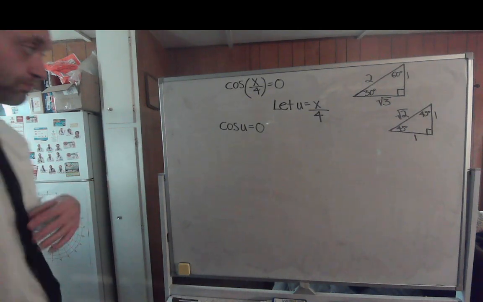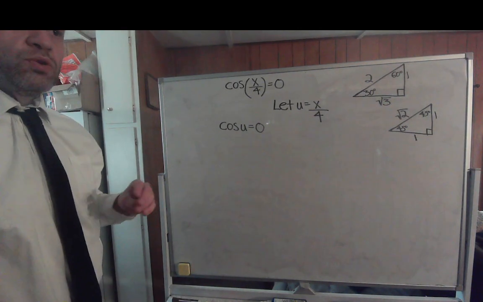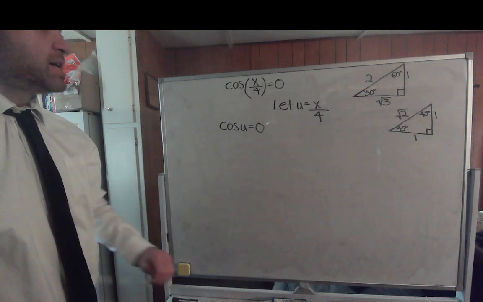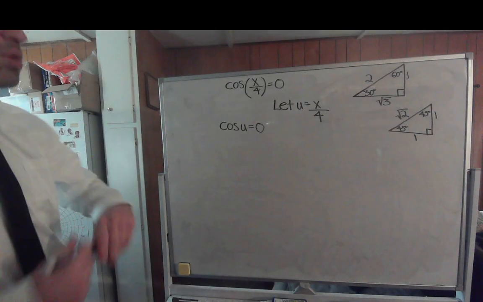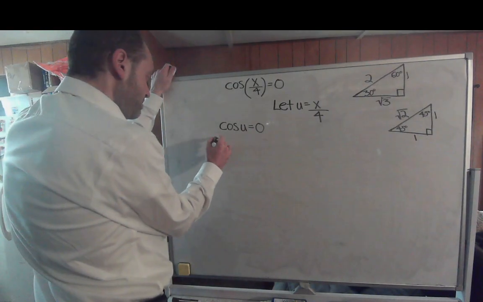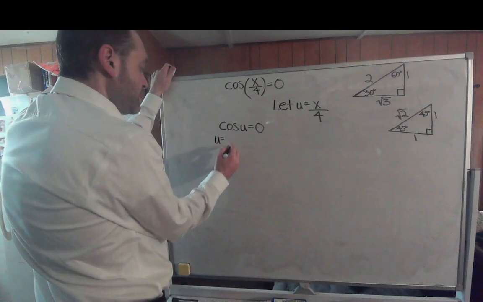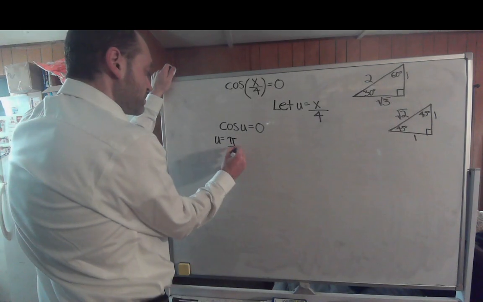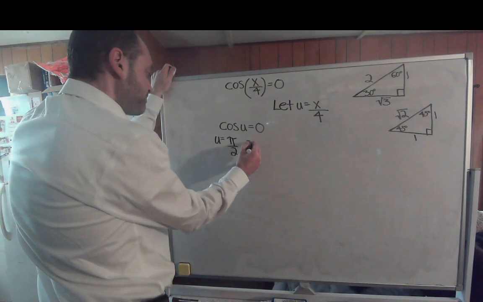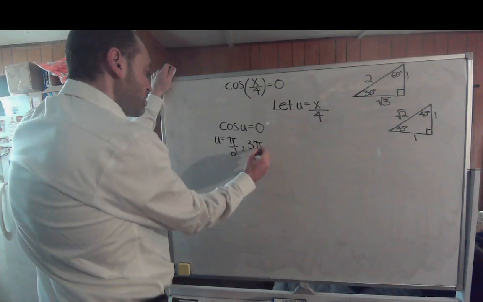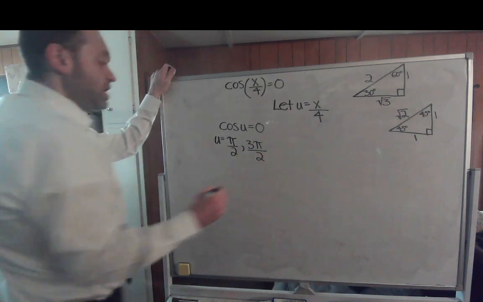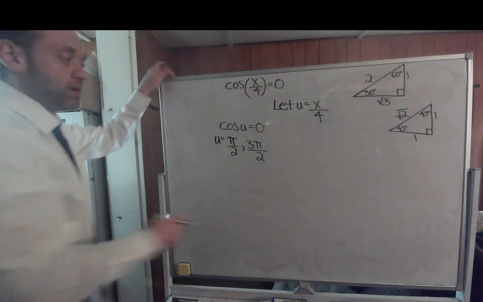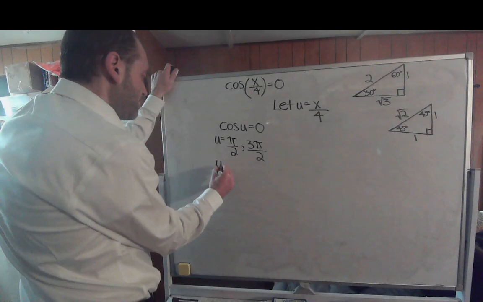Now, what angles in the interval of 0 to 2 pi give us a cosine of 0? Well, that's going to be pi over 2 and 3 pi over 2, right? U would equal pi over 2 and 3 pi over 2. In all honesty, if we did pi over 2 plus pi, it would account for 3 pi over 2.